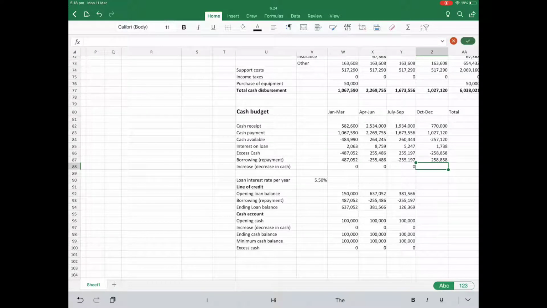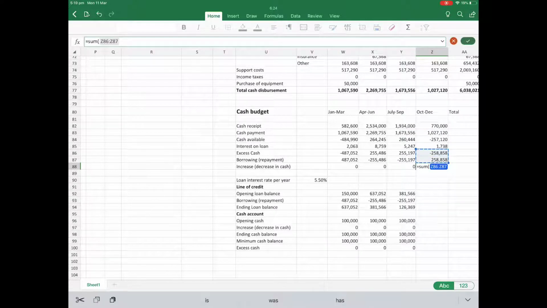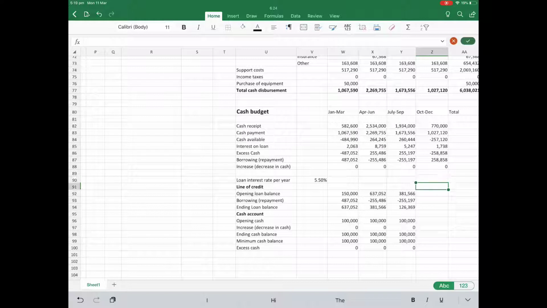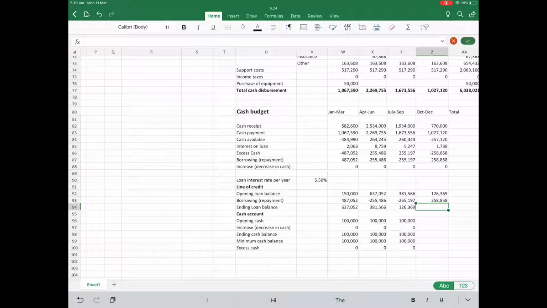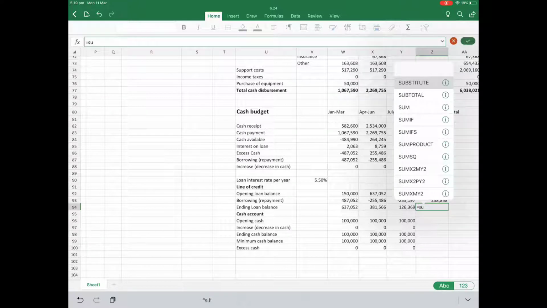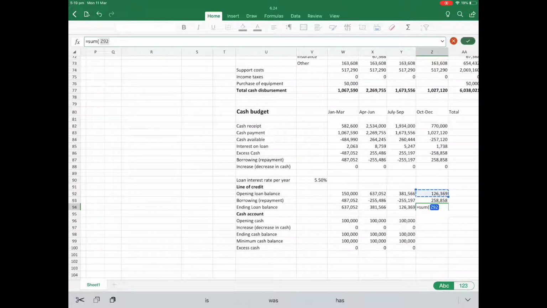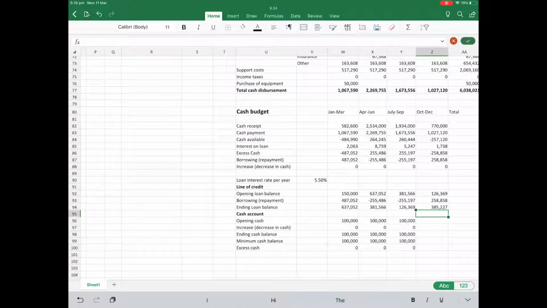So now the increase in cash again equals 0. The opening loan is this, but they borrow some more at the end of the quarter, and now the ending loan balance has increased. Alright, sad.